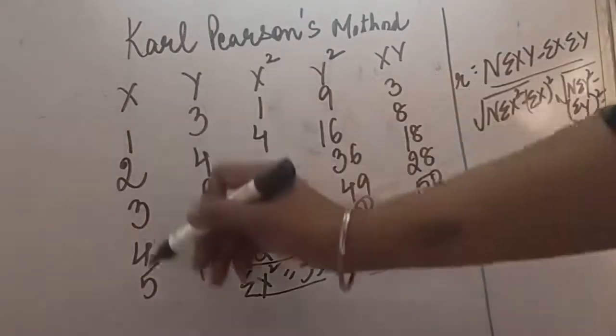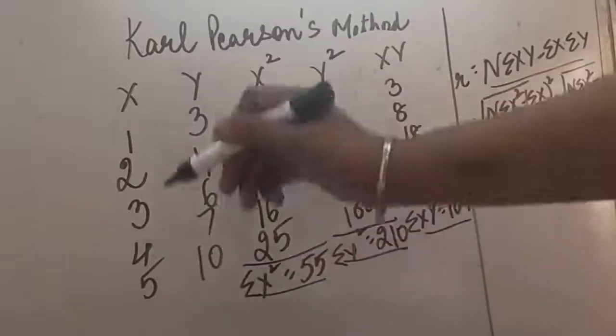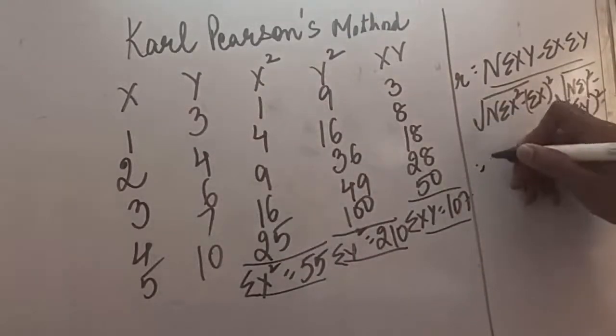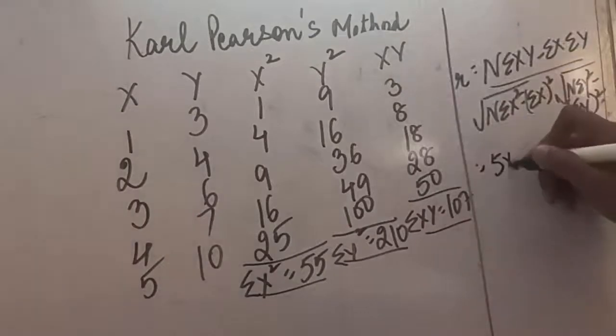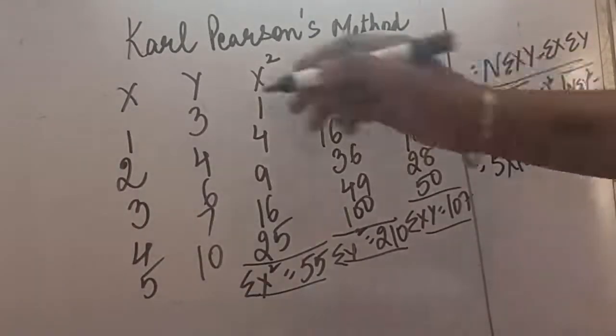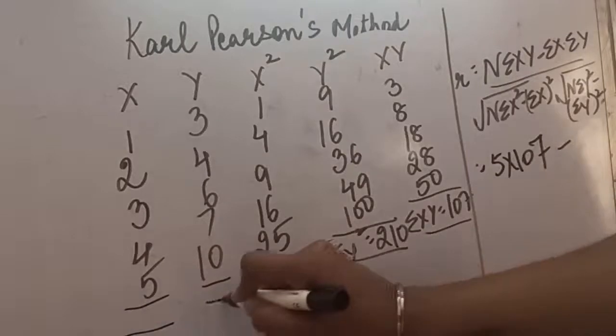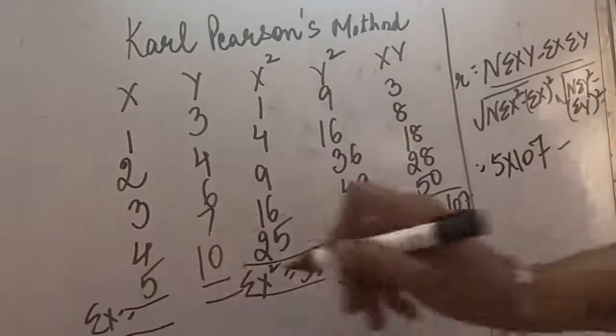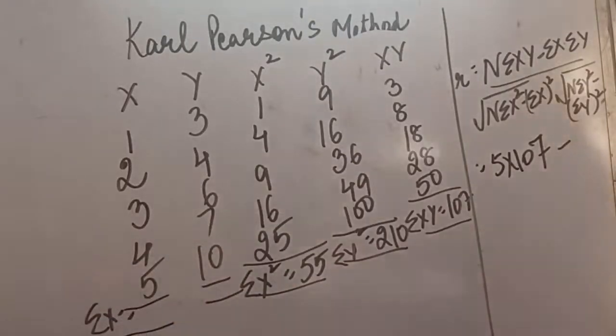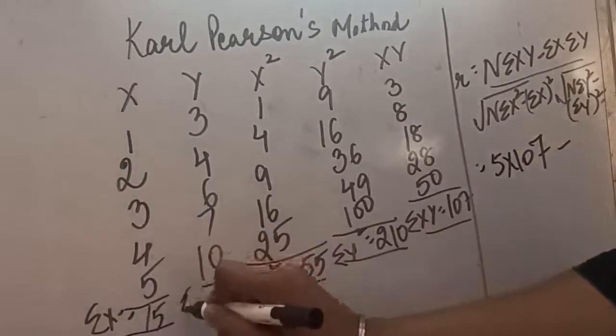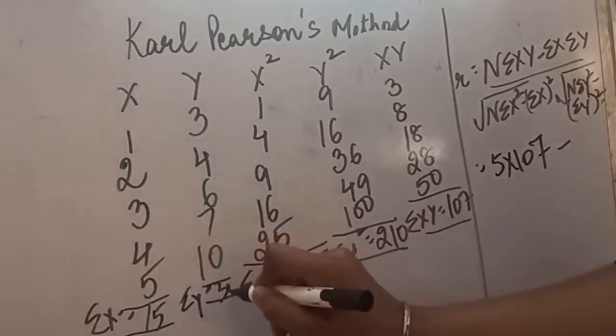So here you can see n is 5, the number of observations, because these are two individual series. So n is 5, sigma xy we have calculated as 107, minus sigma x, which will be the total of this. Sigma x here comes out to be 15 and sigma y here is 30.